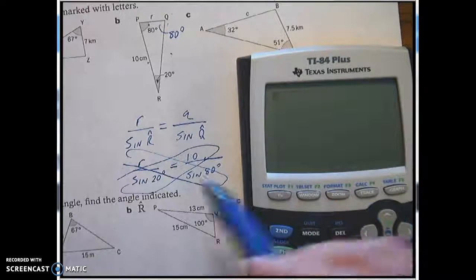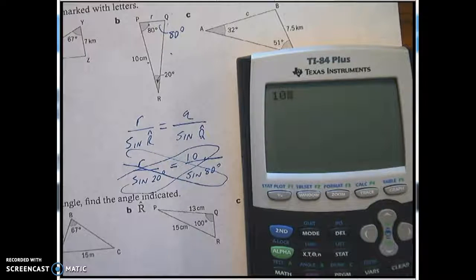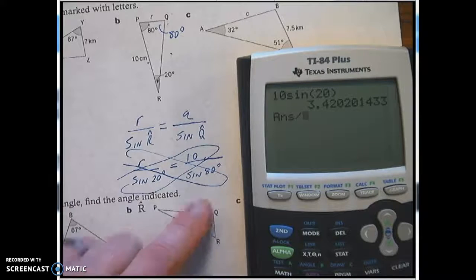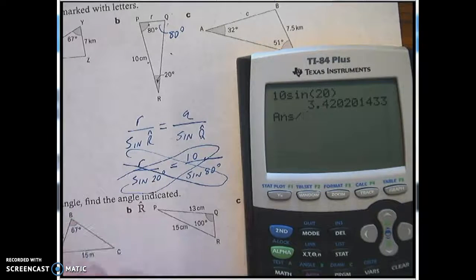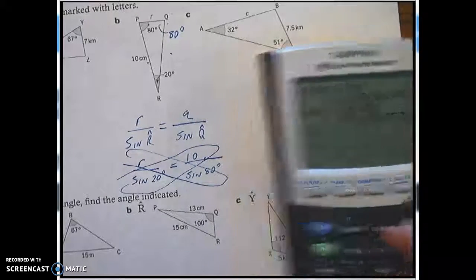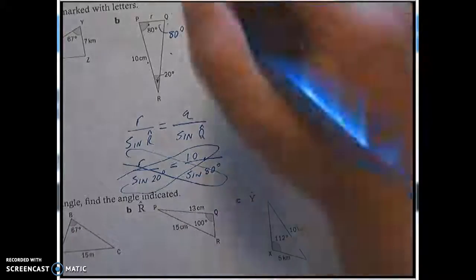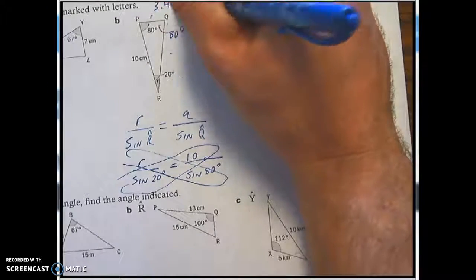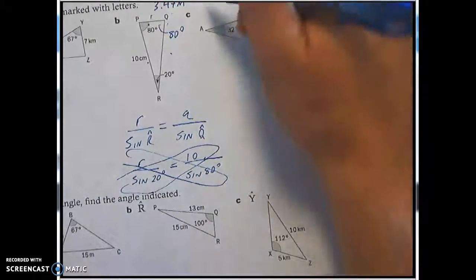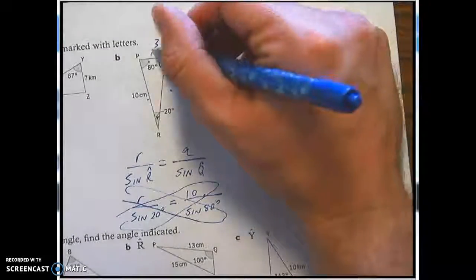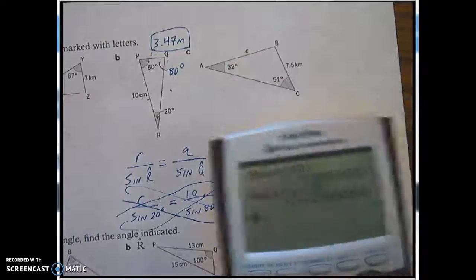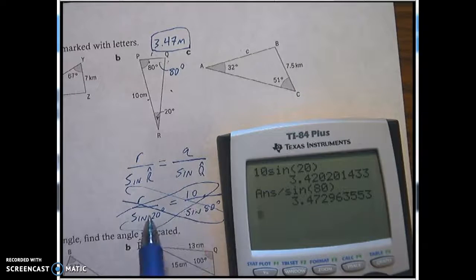I'm going to do 10 times sine of 20 degrees, and divide that by sine of 80 degrees. In doing so, I get a value of r, which is 3.47 to 3 significant figures. So I know that this r is 3.47 meters. So it's all calculator work. Just one more time: 10 times sine 20 divided by the sine of 80.